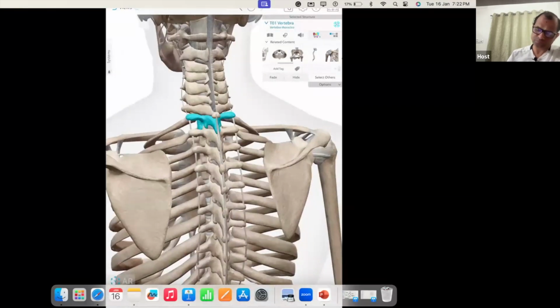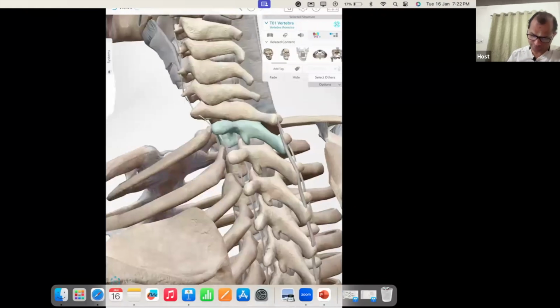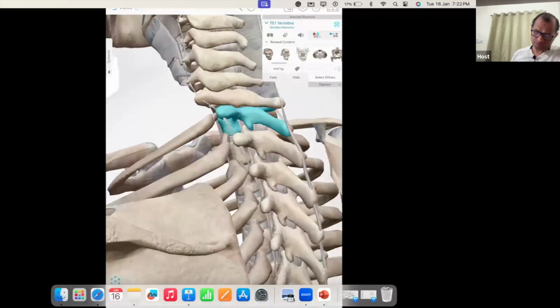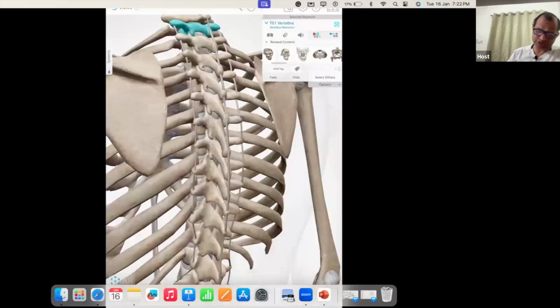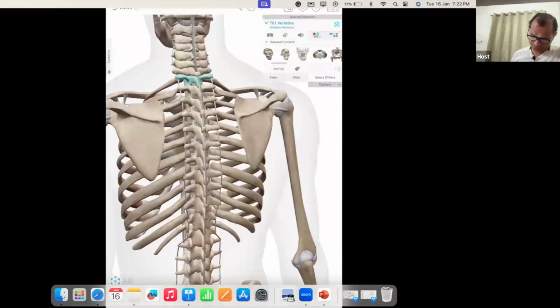Okay, I will show you every vertebra, how each vertebra looks. See, this is the vertebra. So this is T1, the thoracic one.